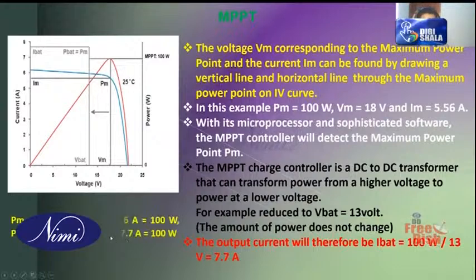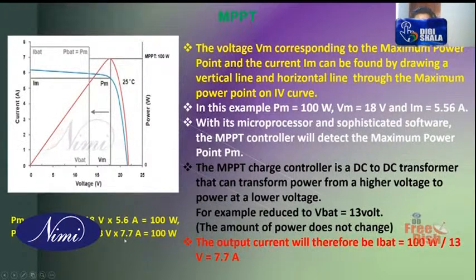So both are, we can say, 100 watt only. So maximum power point 18 into 5.6 is also 100 watt, but your battery charging, battery voltage and battery current, EBAT and IBAT, that is 13 into 7.5. So 18 को आपने 13 कर दिया, so 5.6 बढ़ गया, 7.7 हो गया.